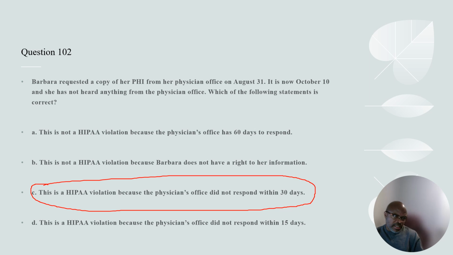It is the physician's or covered entity's responsibility to make sure that a person's request for information or a copy of their PHI is provided within 30 days, barring all the appropriate steps are taken and followed for the PHI to be released. So again, answer C is the right answer to this question.